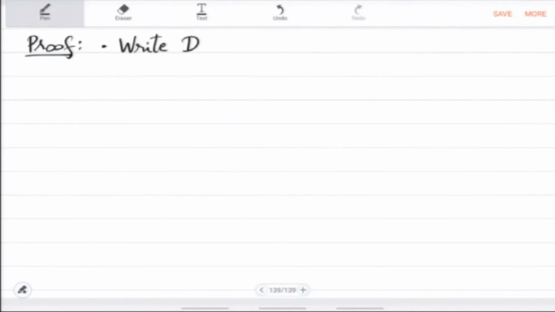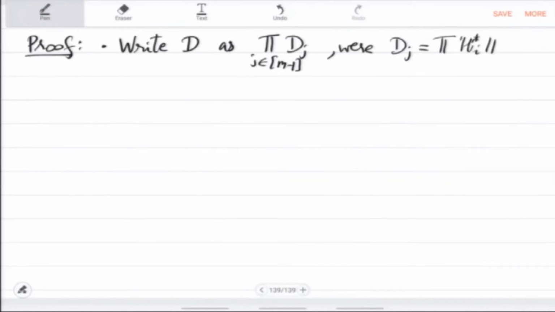So write D as product of Dj, j from 1 to m minus 1, where Dj is simply a product of bi star lengths.